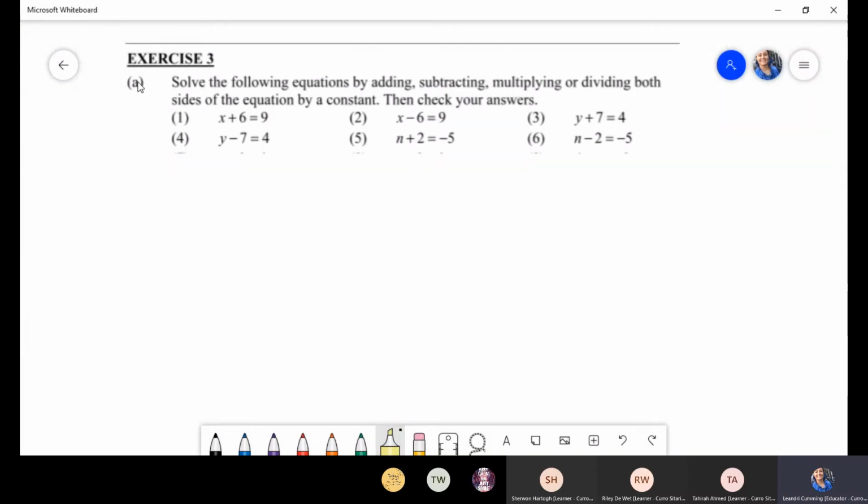The instruction says to solve the following equations by adding and subtracting, multiplying or dividing both sides of the equation by a constant. Now, all of that's been said right there in a nutshell. All of this actually means balancing your equation. And what do we have to do then? We have to check our answers.